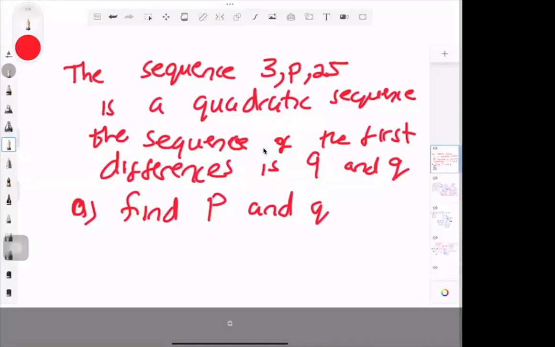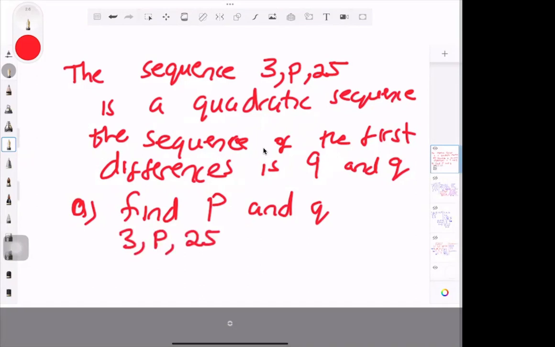The sequence that is quadratic is 3, P, 25.